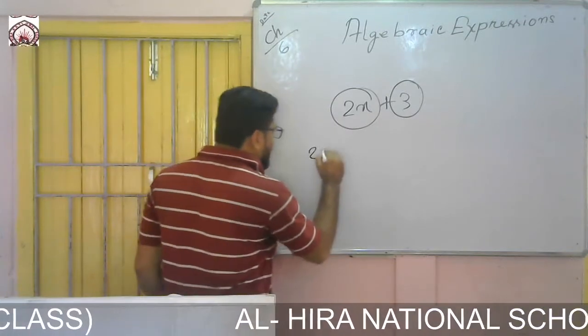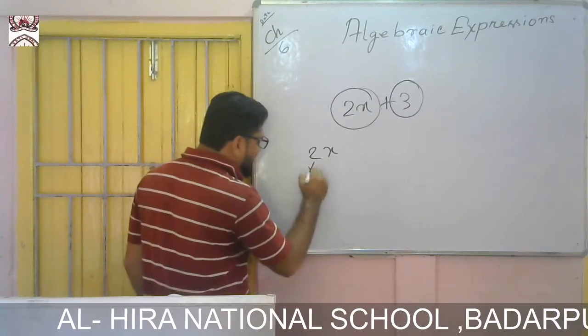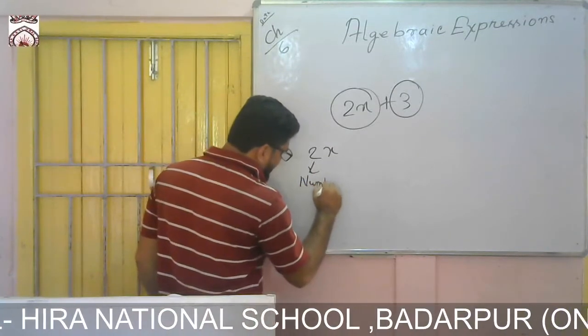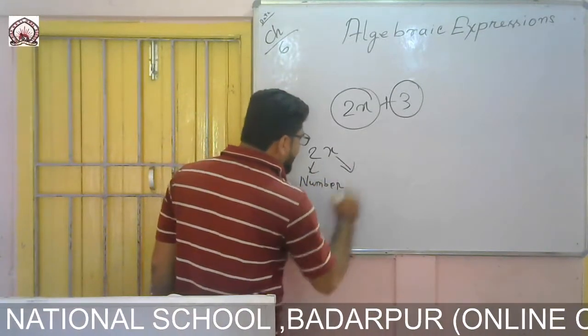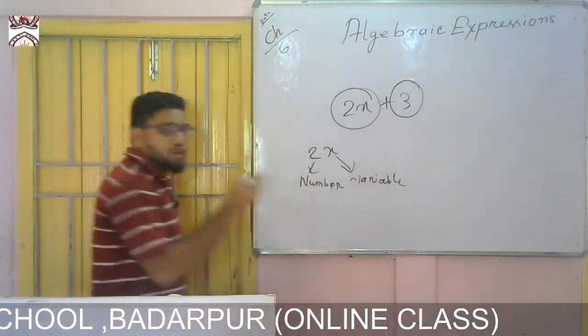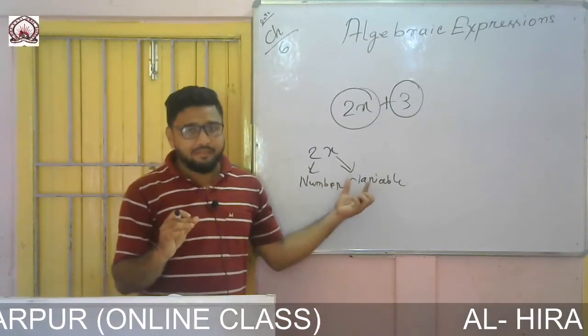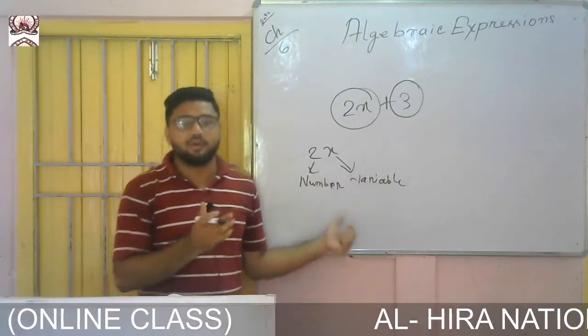Here you see twice x is a term. Why? Because 2 is a number, and x is a variable. So a combination of number and variables, or only number or only variables, makes a term.